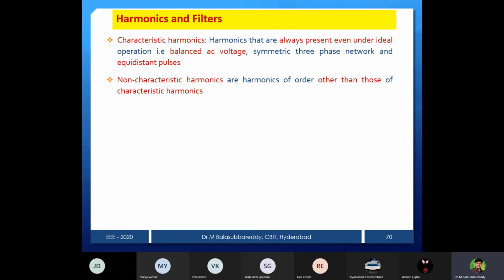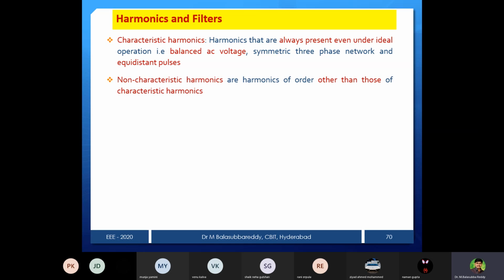Because of the power electronics controller, harmonics are injected. These may not be only AC harmonics; there are DC harmonics also. Based on the pulse number, the order of the harmonic is decided on the AC side as well as the DC side.